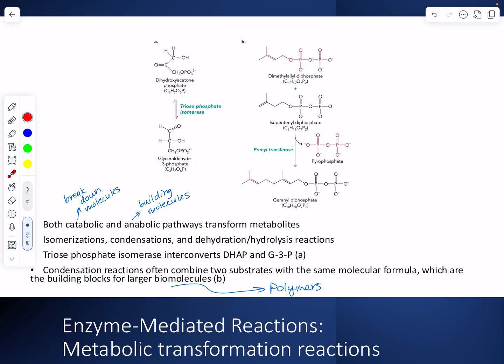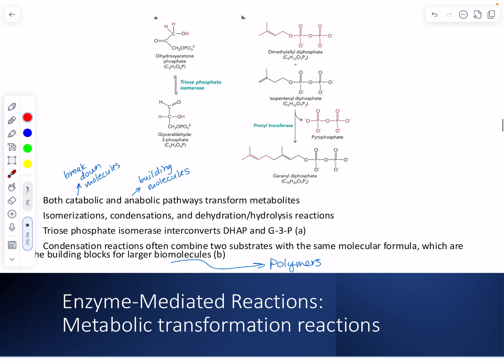And then when we're building lipid molecules, we have something called prenyltransferase that's going to help add these alkyl groups onto our substrate.